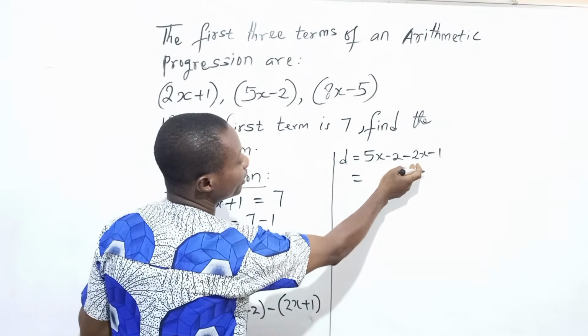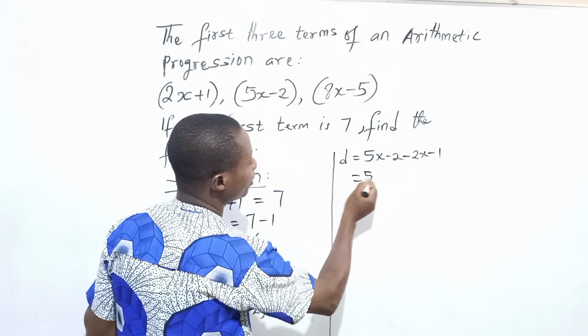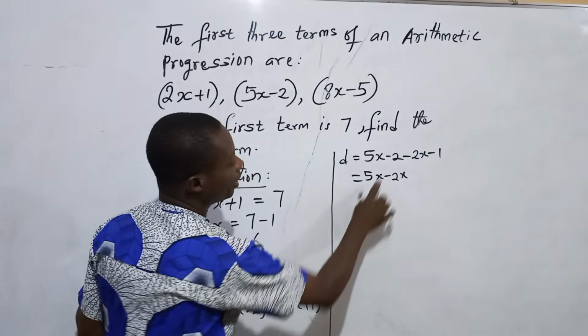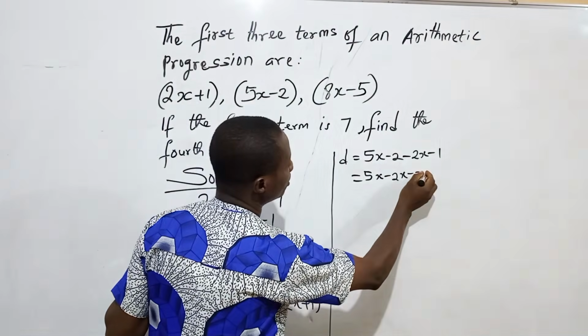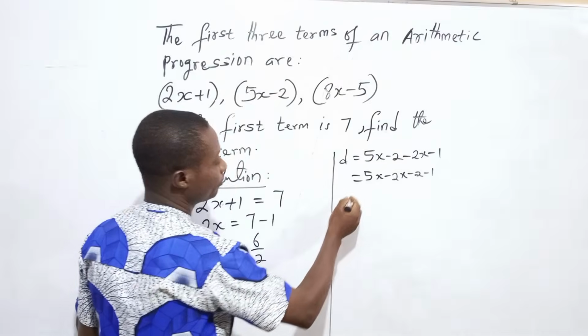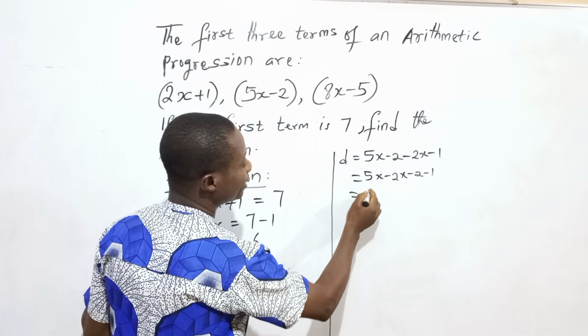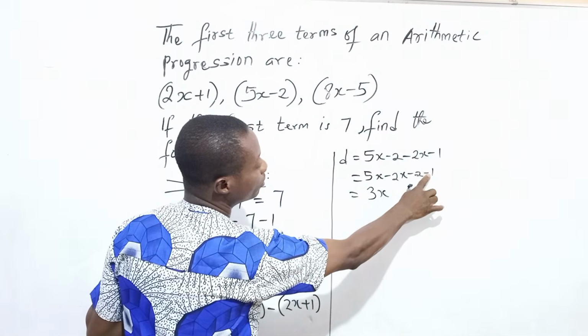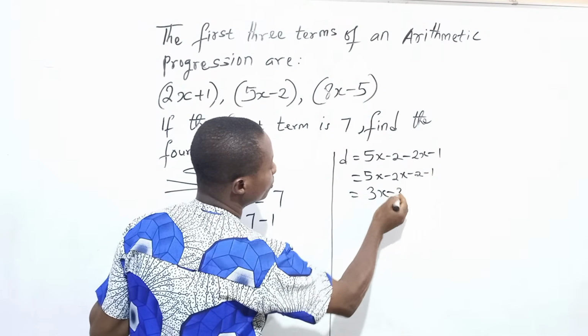Bringing like terms together, we have 5x minus 2x, then minus 2, then minus 1. So 5x minus 2x is 3x, and minus 2 minus 1 is minus 3.